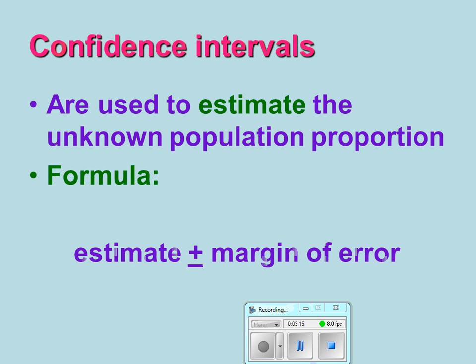There are simple formulas where you take your estimate and add or subtract your margin of error. If the middle is your estimate, subtracting your margin of error gives your lower bound, and adding your margin of error gives your upper bound, and you have an interval created between those two things.